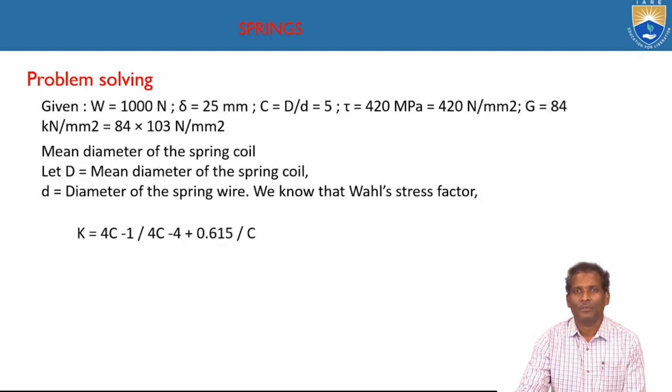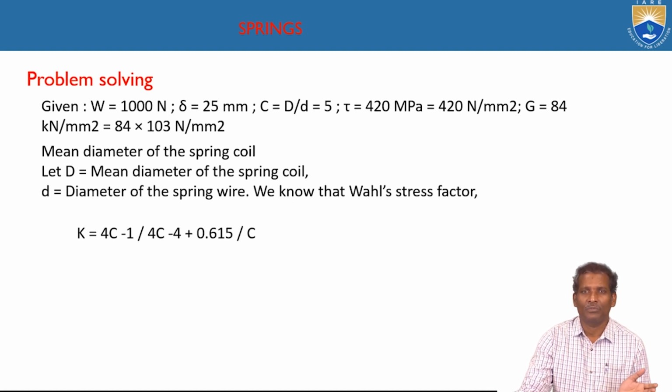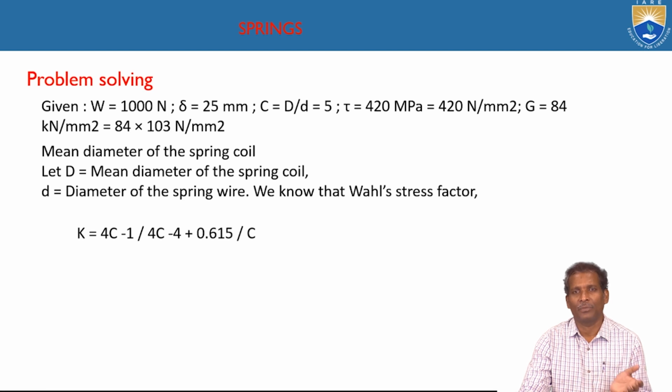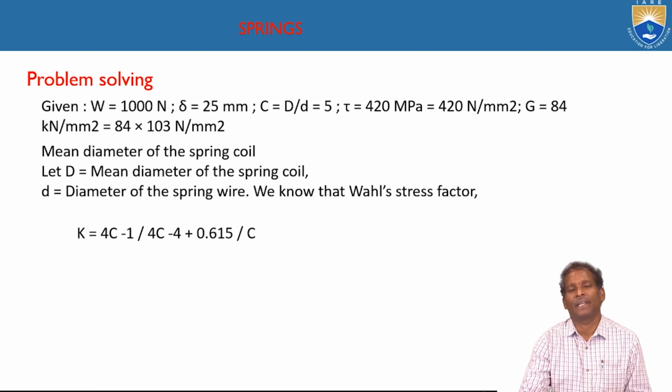So first of all, for any problem, first we have to write the given data, what is given and what is asked, what we are calculating. So what parameters we have to take, the major parameters, and which empirical relations are useful for the given data, you have to verify.